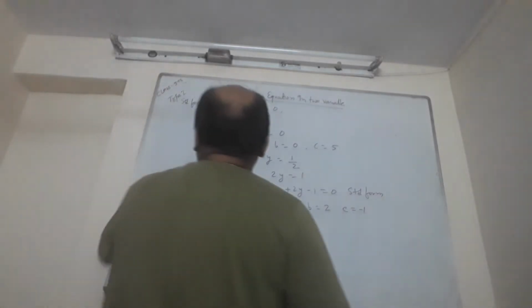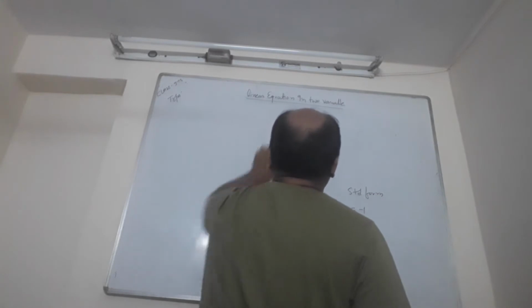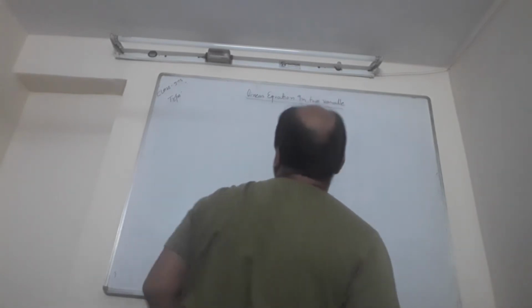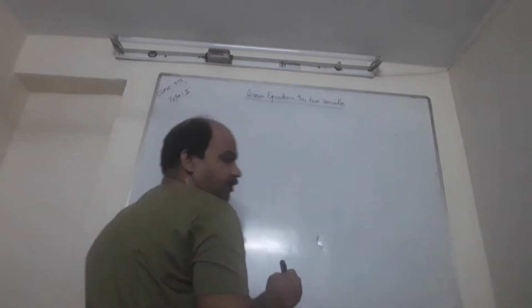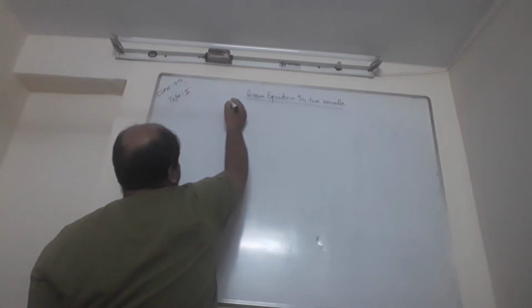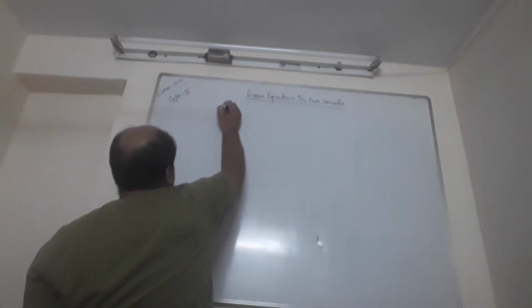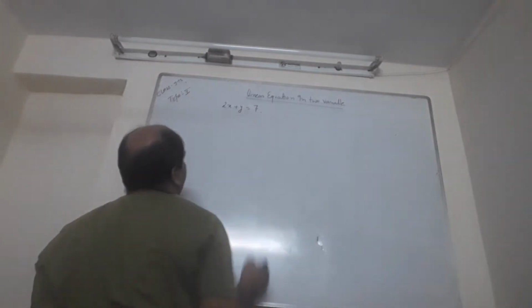Now come to type 2 questions. In type 2 questions, we have to find the solution for the given equation. Let's take an example: 2x plus y equal to 7.